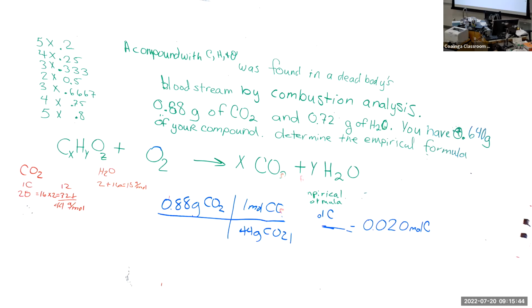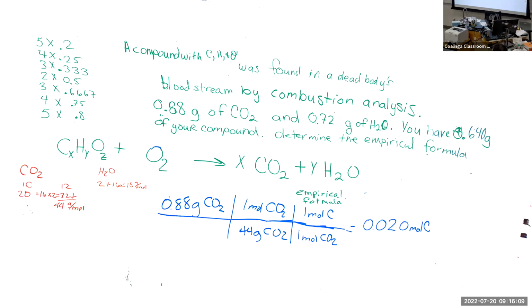But I also know that the total mass of my compound is 0.640, right? So if I get the amount of carbon and the amount of hydrogen, I should be able to subtract to figure out how much oxygen I have.